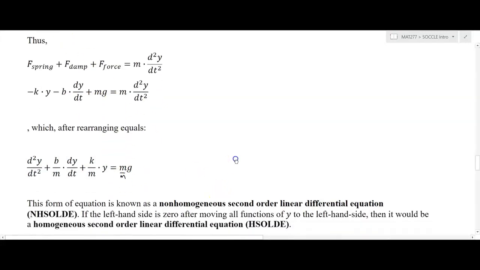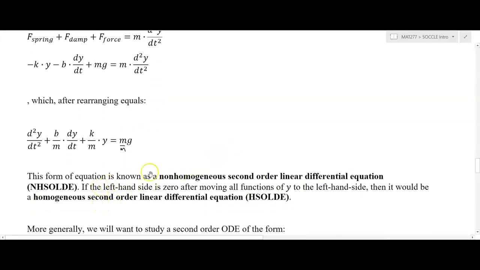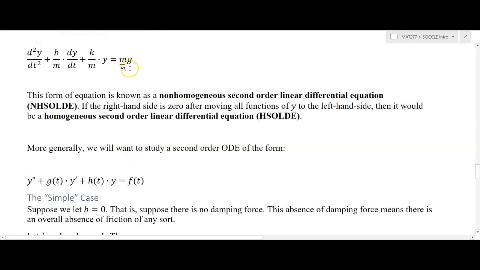Now, with that said, this forms what we call a non-homogeneous second-order linear differential equation. It's non-homogeneous depending on the right-hand side. If this right-hand side was 0, as you see, all the y terms have been moved to the left. If what you have on the right is not 0, then it's non-homogeneous, just like with first-order equations.